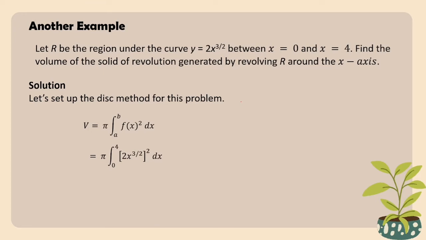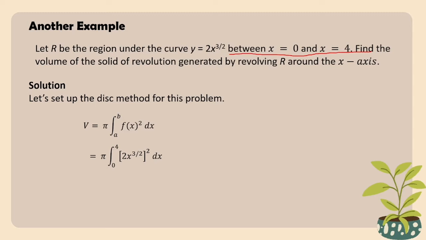Substitute the given values. We can see in the problem that it is between x equals 0 and x equals 4, so that would be our limits of integration. So here are 4 and 0.